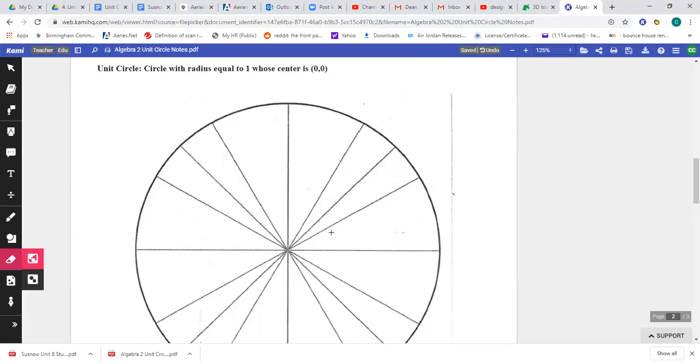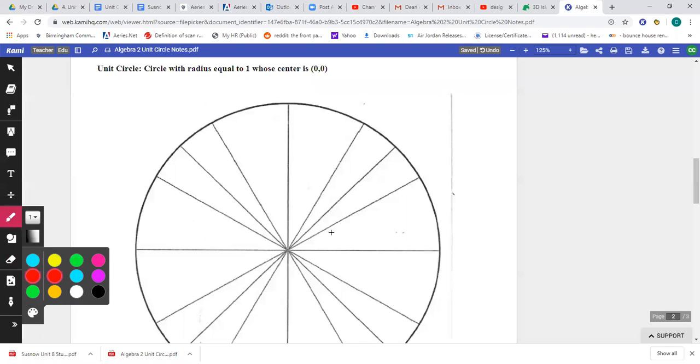Now let's think about this unit circle for a bit. I know that if the radius is 1, and let me draw this circle again. So if the radius is 1, then I know this point here has to be 1, 0, right? Like the way that you would label a point. Because if it goes out here, then it's 1, 0. So on this big unit circle, I'm going to put here that this is 1, 0.